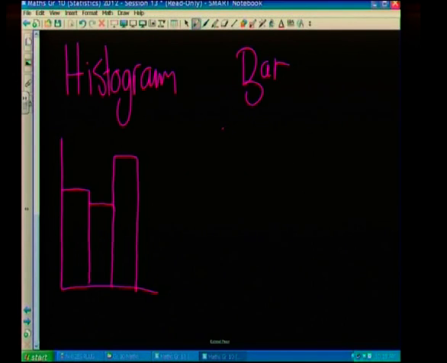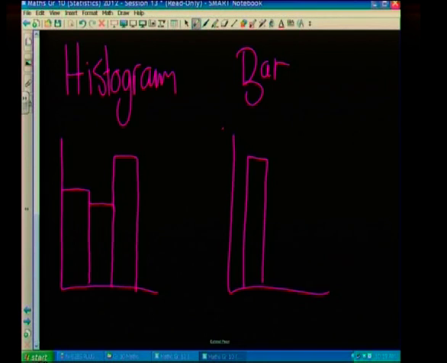Whereas a bar graph looks a lot the same as a histogram, but it has individual bars that don't touch, and the type of data represented by a bar graph is usually discrete data. Like, for instance, are you a boy or are you a girl? Or how many white cars?